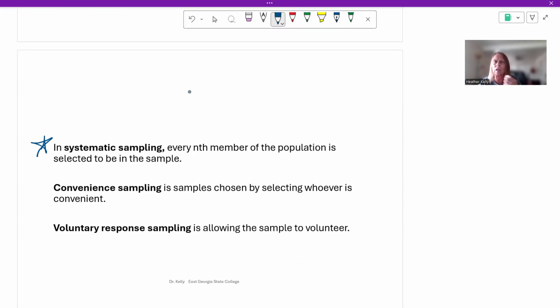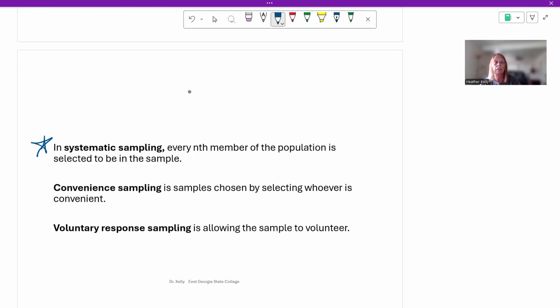Or if you're ever online and you get chosen for a survey, maybe you click on an online shop you've been to before, but this time you're chosen for a survey. You might have been the 300th person that clicked on it that day, and that's how you were chosen for the sample. That would be an example of systematic sampling.